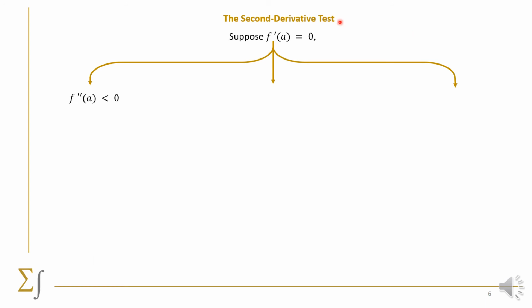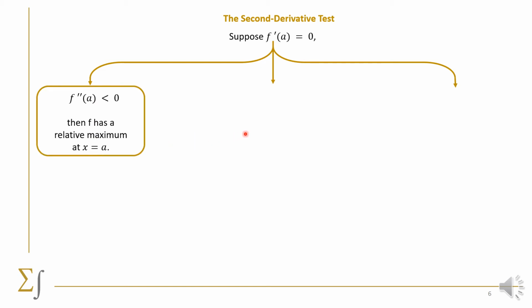The first case, if the value of the second derivative of the function f at a is less than 0. In such case, we say that at x equals a, there is a relative maximum for the function f. The second case, if the second derivative evaluated at a is greater than 0, then we say that the function f has a relative minimum at x equals a.